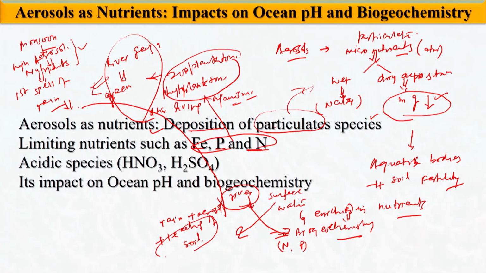Wherever this water is going, it will try to leach the soil, and from the top soil it will take the nutrients, and because of that this becomes very important. And this nitrogen and phosphorus are very much needed for the algae, for algal growth.